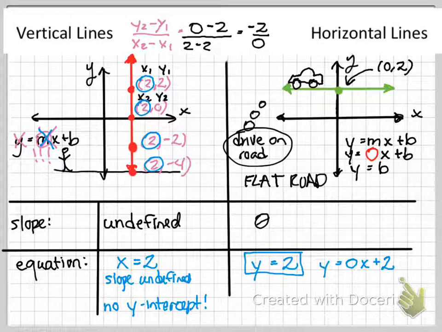Because of those two facts, because your slope is undefined and because it doesn't have a y-intercept, the equation of a vertical line is different and unique from a horizontal line or a line with a finite slope.